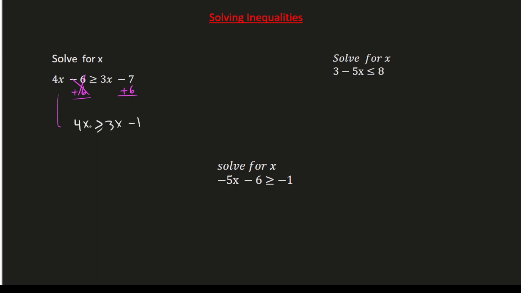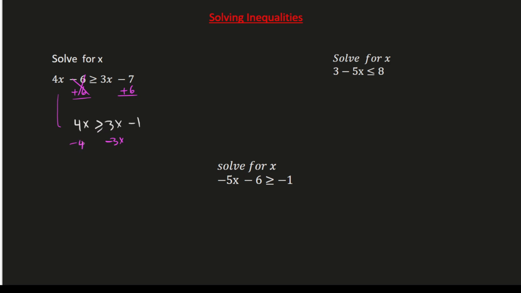All right. So we're getting closer to finishing what we've started. And now we get the 3x here. We get the 4x over here. Let's move that 3x and send it over here. But this is plus 3x, and the opposite of that is minus 3x. Remember, whatever we do on one side, we should do it on the other side so that our inequality can be balanced.